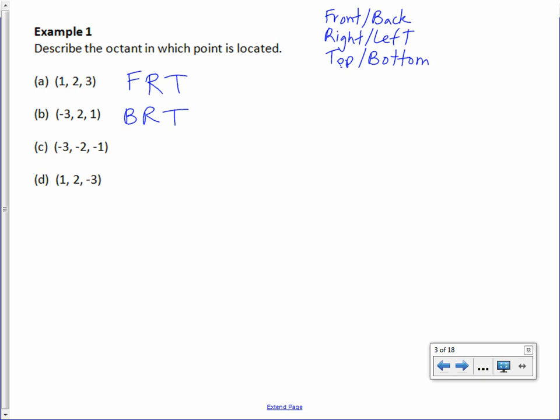What's going to happen to -3, -2, -1? Back, left, bottom. And 1, 2, -3. Front, right, bottom. That's all I would want you to write. If you want, you could write the full words out if it helps you, if you're not sure. But that's what that would be.